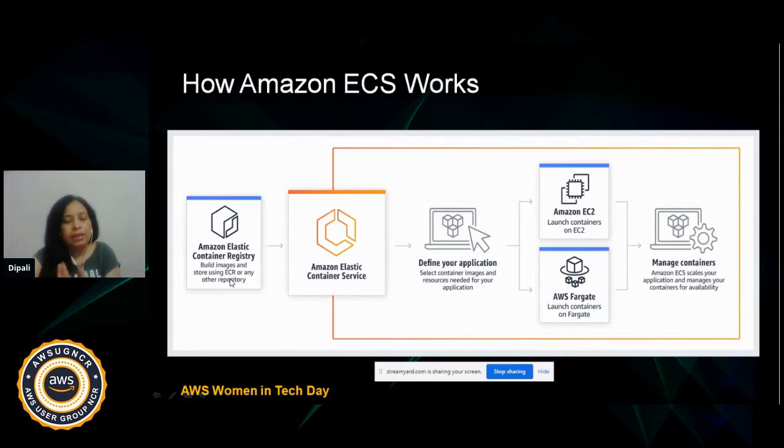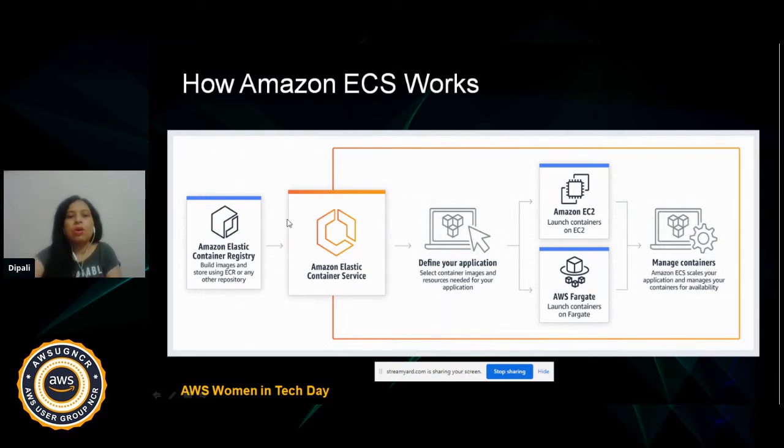It is similar to other container registries like Docker Hub, but the key difference is that Docker Hub, by default, is a public repository, while ECR is a private repository for your account, hence more secure.